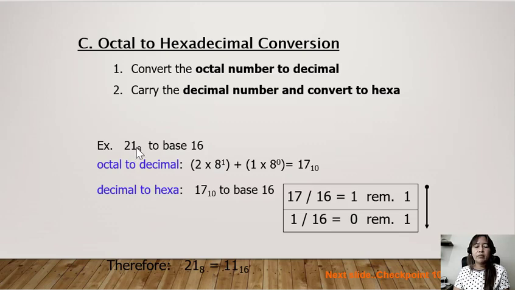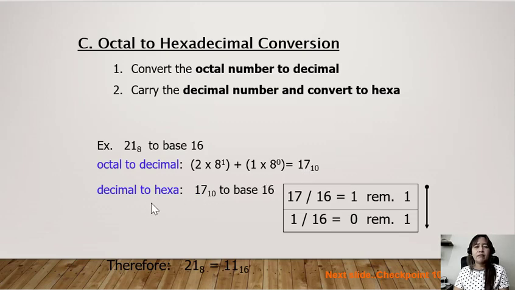If it's 21, 1 is at position 0, 2 is at position 1. So 2 times 8 to the power of 1 plus 1 times 8 to the power of 0. That will give you 17 in decimal.